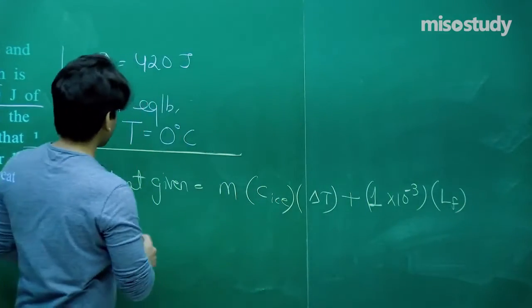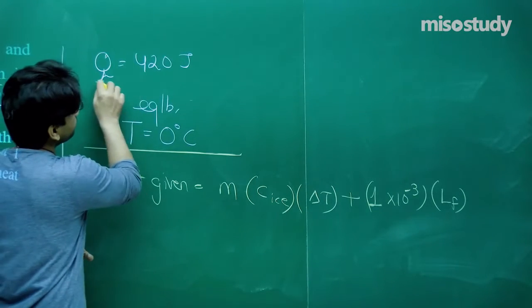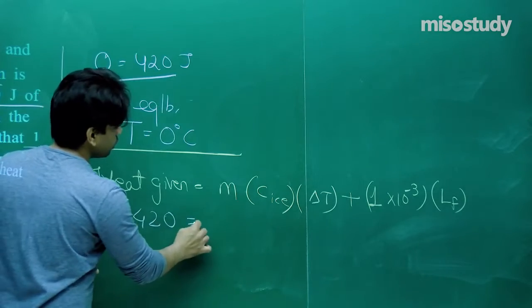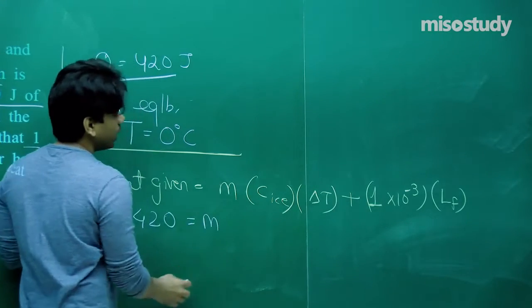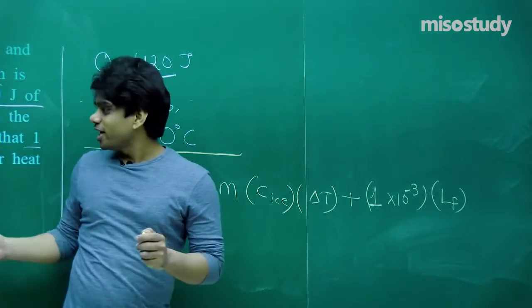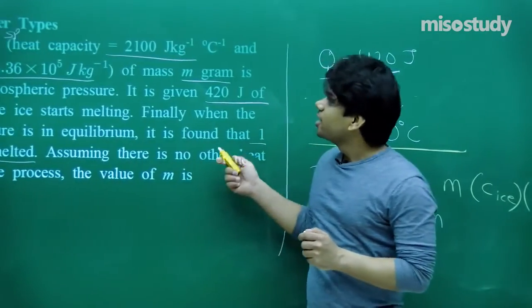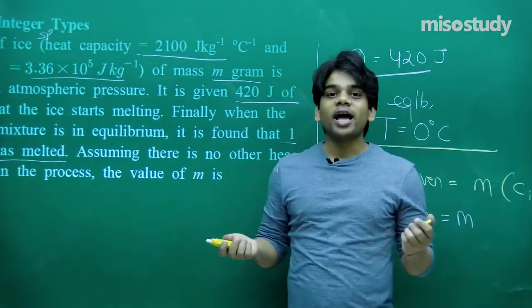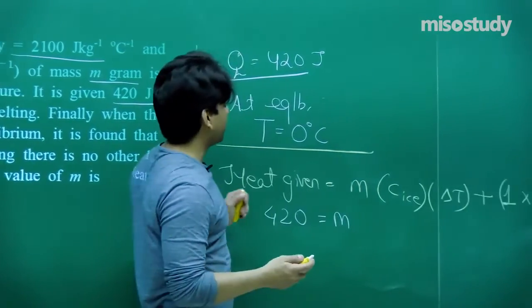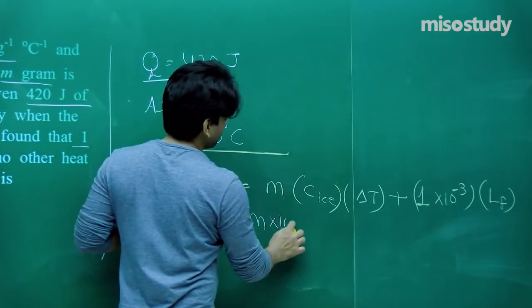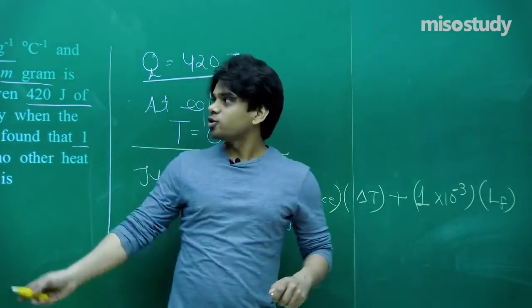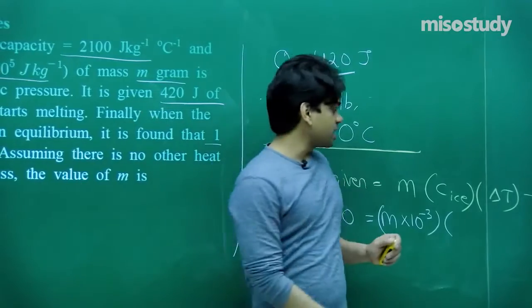Let us put all the values. Heat given is 420 joules. So heat given 420 joules, mass m that we need to evaluate, and now see, it is asked as the given thing is in 1 gram. So you have to answer in grams what value of mass you have taken. So m into 10 to the power -3 you multiply, you will get the answer in grams. C of ice, that is given as 2100 joule per kg per degree Celsius.